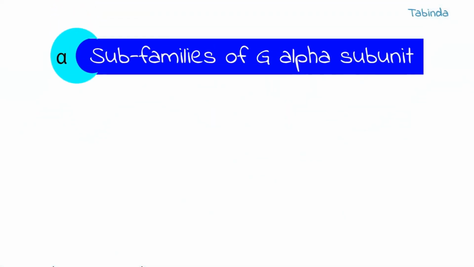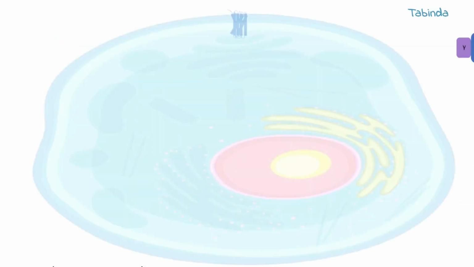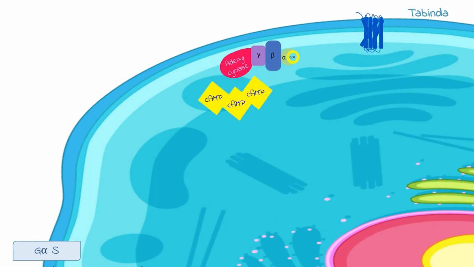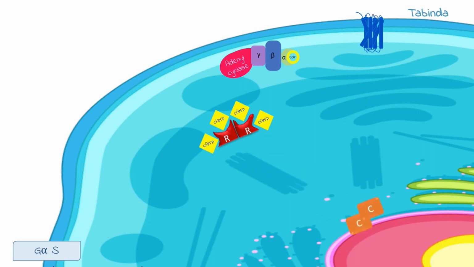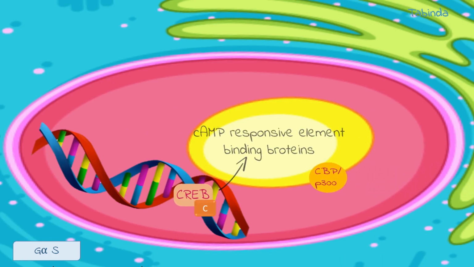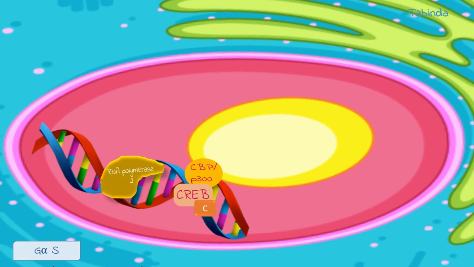The alpha subunits of G proteins are divided into 3 subfamilies: G-alpha S, G-alpha I, and G-alpha Q. Let's start with G-alpha S. Typically, G-alpha S stimulates adenyl cyclase and increases the level of cyclic AMP, which activates protein kinase A. This leads to the dissociation of the catalytic subunit of protein kinase A, which enters the nucleus and phosphorylates cyclic AMP responsive element binding protein CREB, which in turn binds to CREB binding protein, that is CBP.